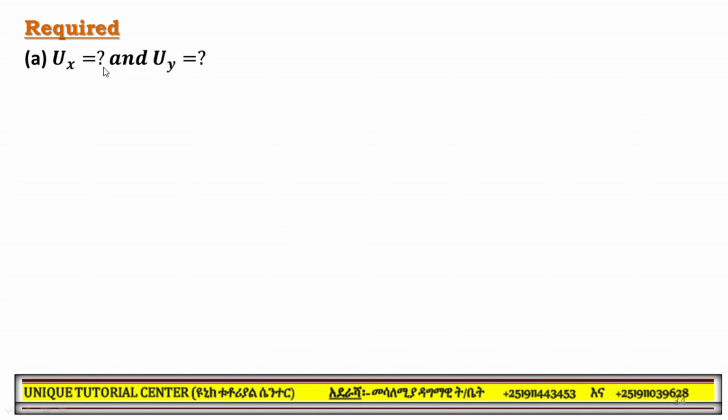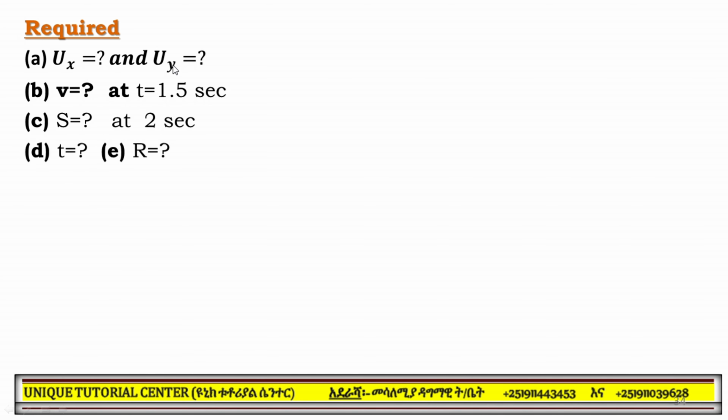In a, the initial horizontal velocity component ux and vertical velocity component uy. In b, the velocity v at time t equals 1.5 seconds. In c, the displacement at time 2 seconds. In d, the total time it takes, and at last in e, the range.